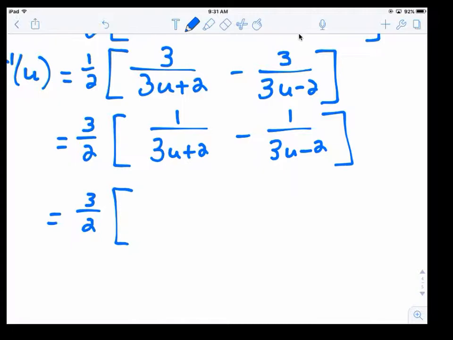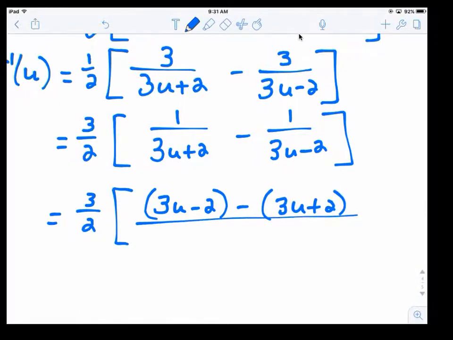So that's going to give me 3u minus 2 minus 3u plus 2. Now if I multiply 3u plus 2 and 3u minus 2, what do you get? 9u squared minus 4.